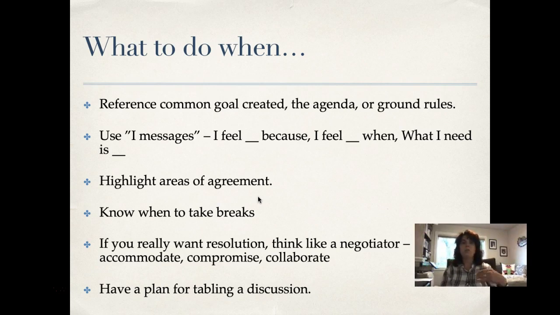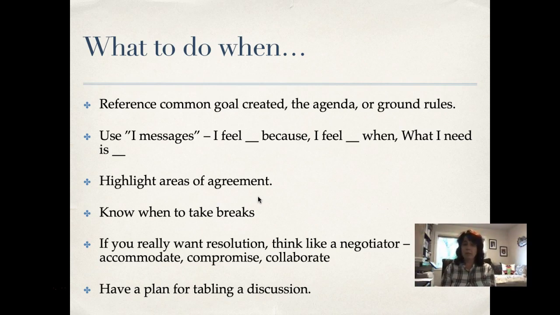So instead of saying you're hurting my feelings, you say, I feel upset because I think that you don't think I'm doing a good job. Or I feel sad when my student can't do something. Or you can say, what I need is X. So you're talking about yourself, and it's not coming across in a blaming way.